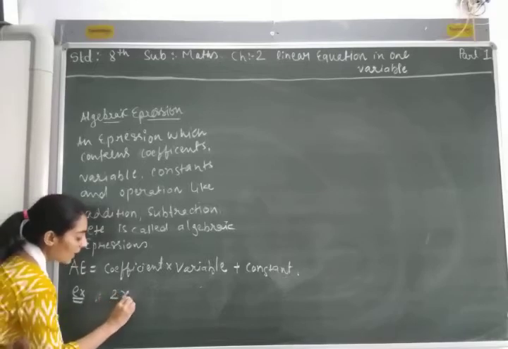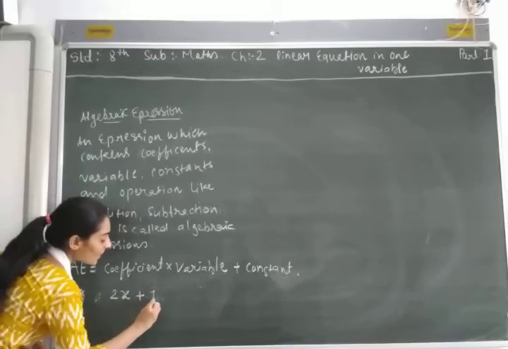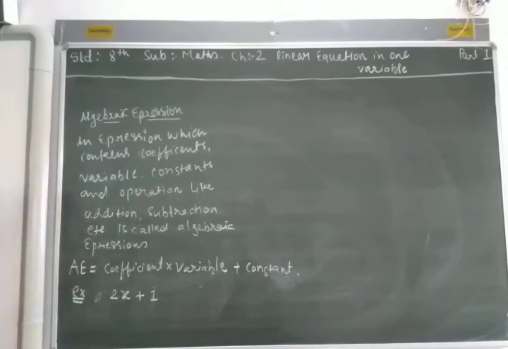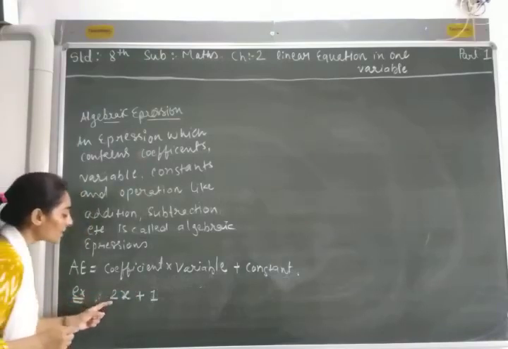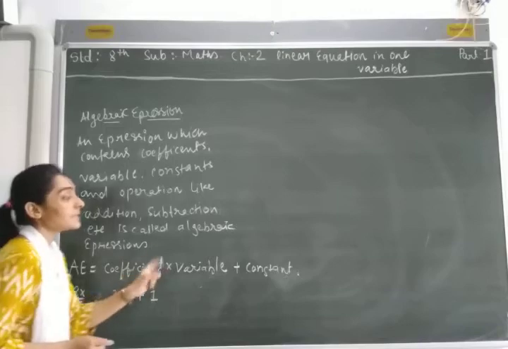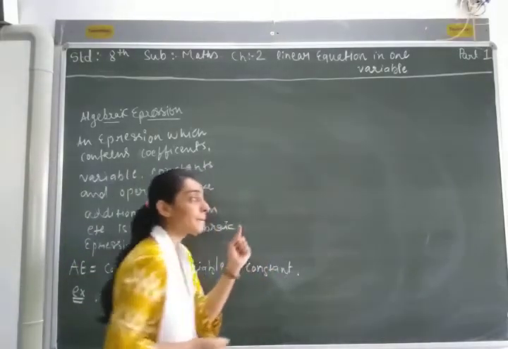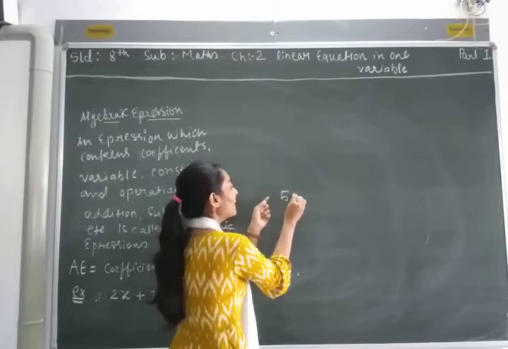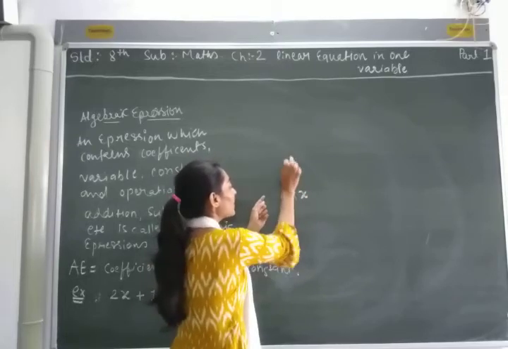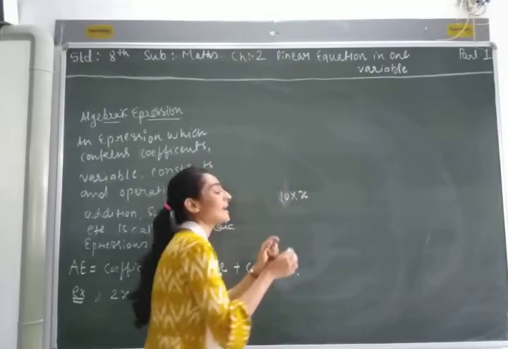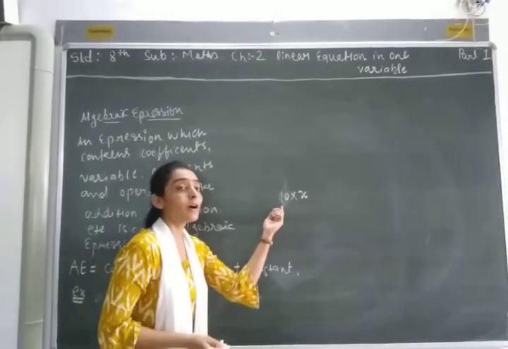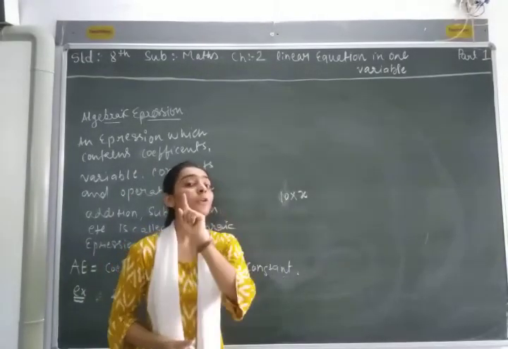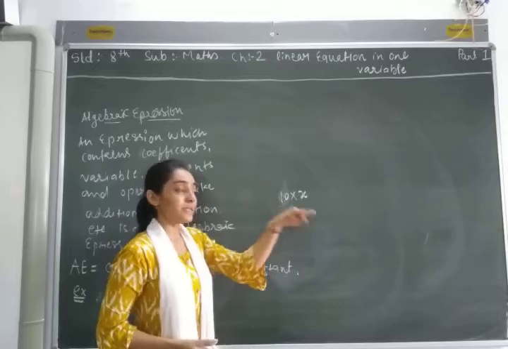I'm writing 2x plus 1. So here 2 is my coefficient. Look at the previous example, 5 pens. The cost is 10 into x. What is the constant over here? The cost of the pen remains constant. And what is varying?